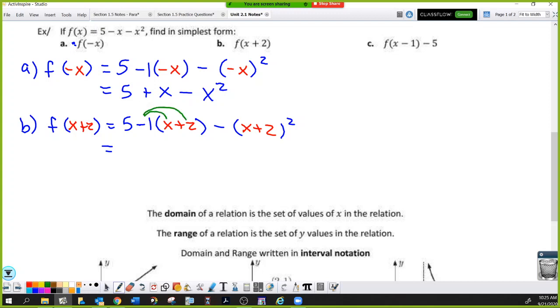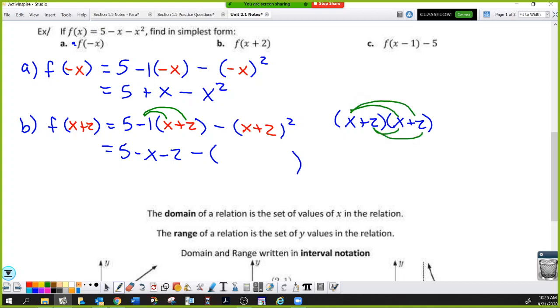So we have 5 minus x minus 2 minus, and I am going to FOIL that x plus 2. Remember, x plus 2 quantity squared is not x squared plus 2 squared. Just reminding you that it would be x plus 2 times x plus 2, and you'd have to do the whole first, outer, inner, last jazz. But I am going to assume that we're all pretty good at that by now to save us the time.